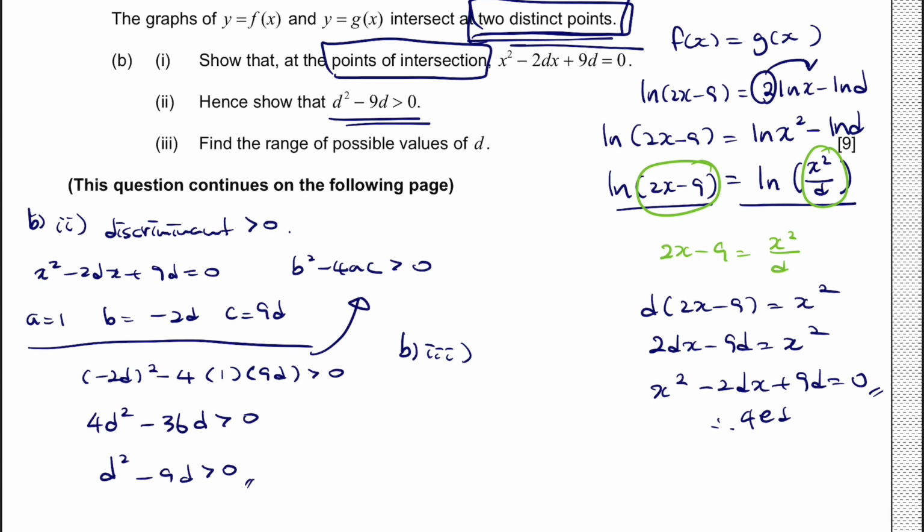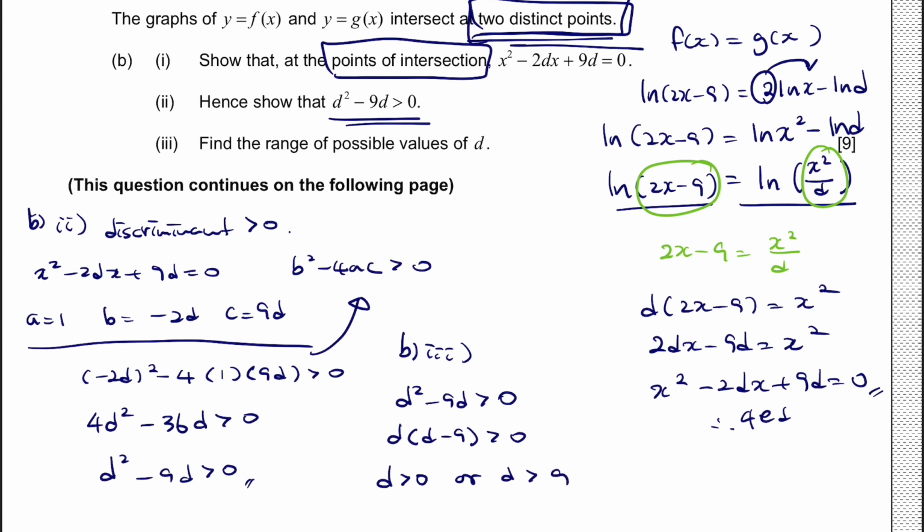Then question B, we need to find the range of the possible values of d. Okay. So we already know that d squared minus 9d is greater than 0. So let's factor this out, right? Then we have d times (d minus 9) greater than 0. That means d is less than 0 or d is greater than 9.